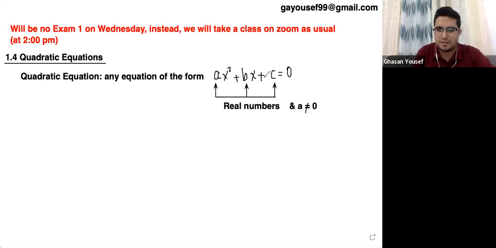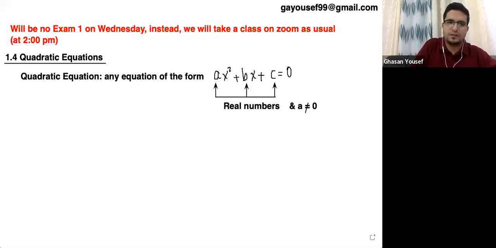It is a linear equation. bx plus c is called a linear equation, but ax squared plus bx plus c is called a quadratic equation. So here, a must be not equal to 0. It can be 1, 2, 3, or any real number, but not 0.